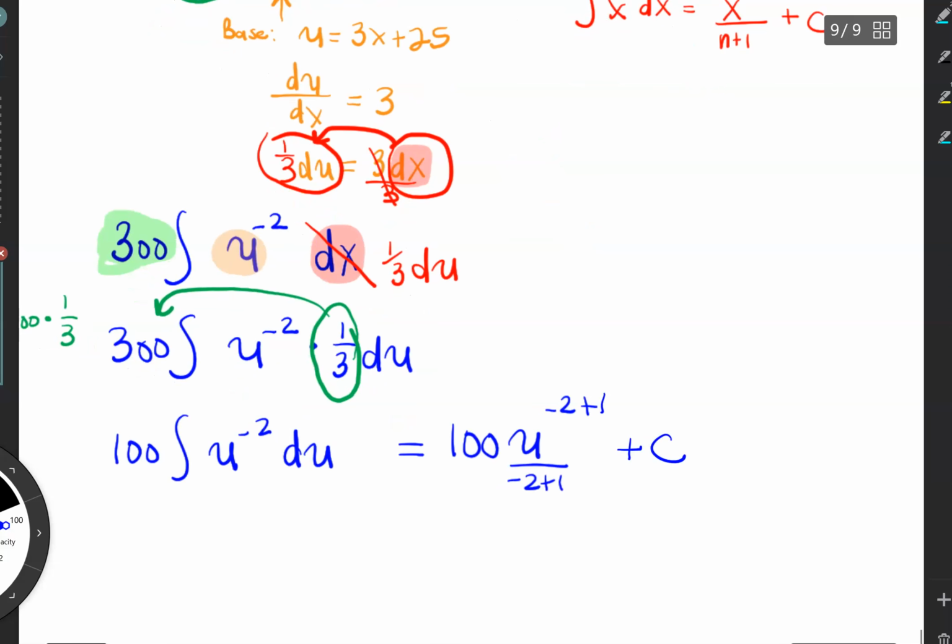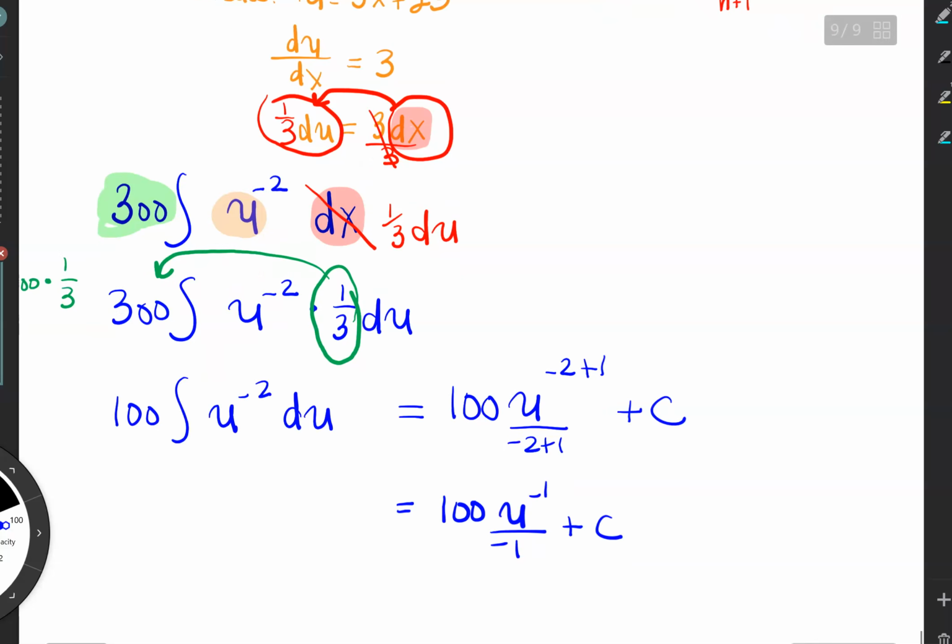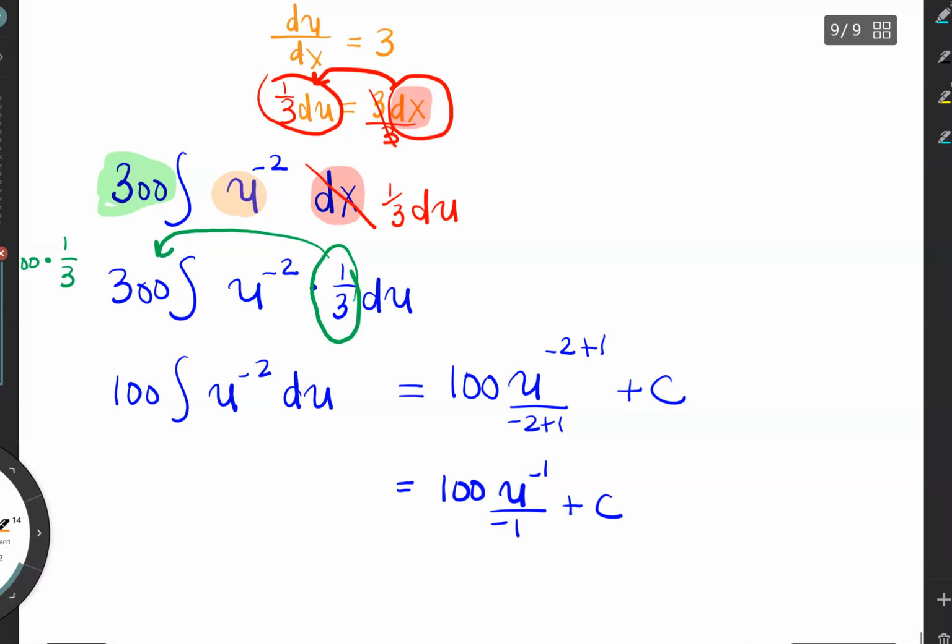Okay, let's go ahead and finish cleaning this up. That would be 100 u to the negative 1 over negative 1 plus c. Then I'm going to do a couple things. I'm going to unsubstitute this u, and I'm also going to divide the 100 by the negative 1 just to clean that up a little bit.